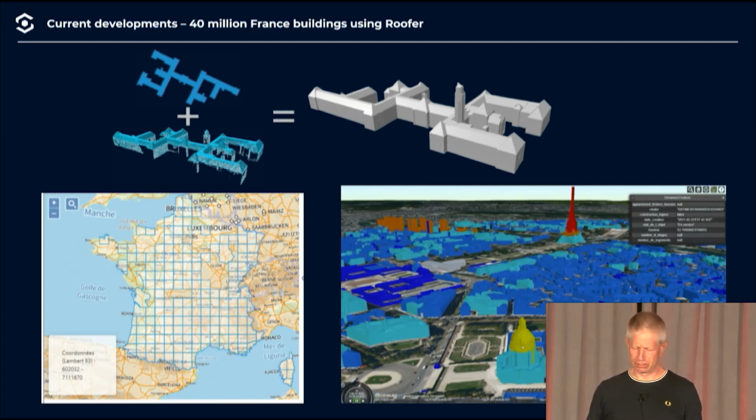That's a complicated topic, but there is a tool called Roofer. And this tool takes the geometries and the point clouds and creates the 3D mesh. And here you see an example of Paris with the Eiffel Tower. So it looks very nice, but we are waiting for the point clouds to finish.